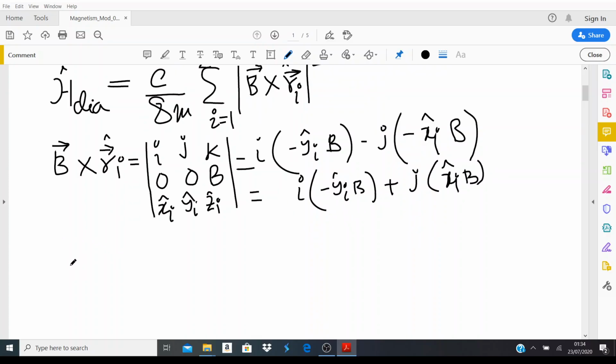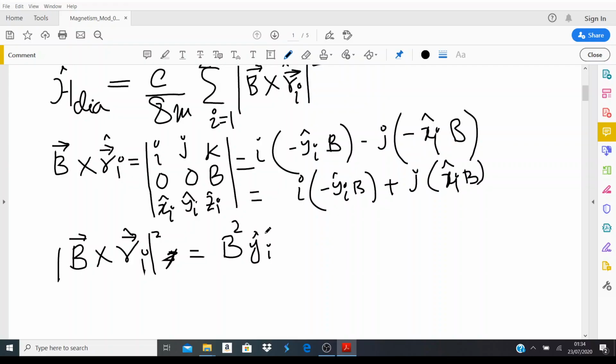So to understand the value of this vector's modulus square, we square the components, which gives B squared yi squared plus B squared xi squared, which is an operator, right?